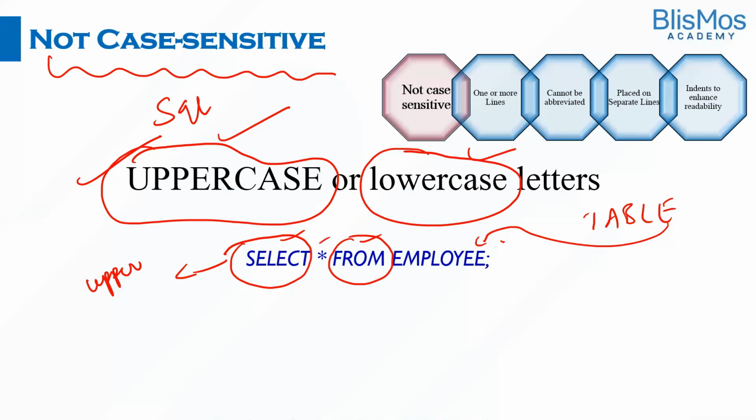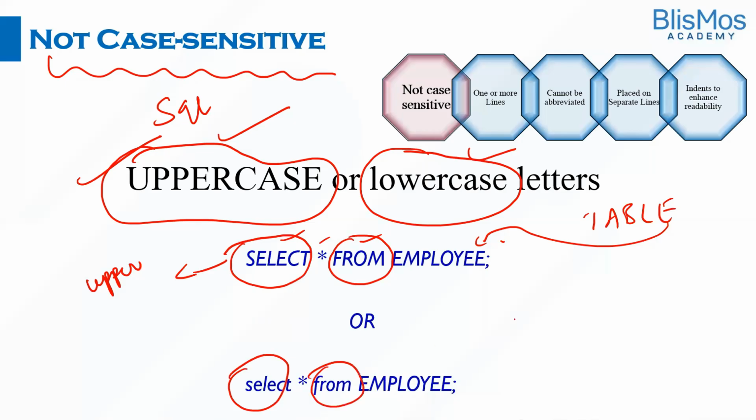Or if you feel you really don't like capital letters, you can go ahead and write the same statement in lowercase. This also works. But pay attention here. If you critically notice, I have typed the select statement in lowercase, but I have kept the name of the table in uppercase only.